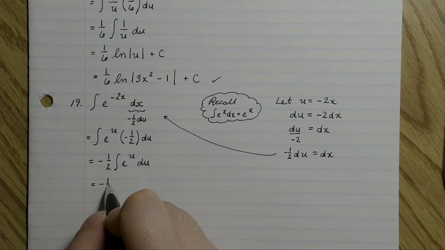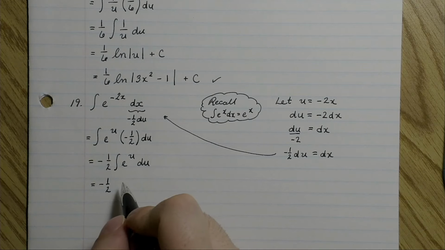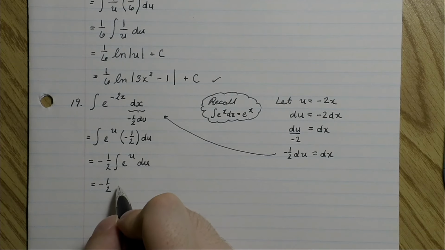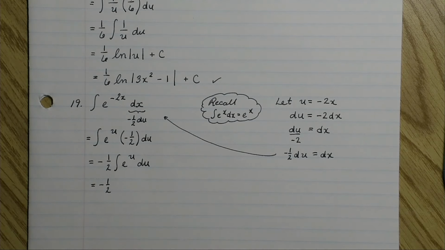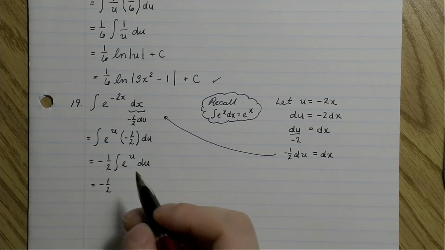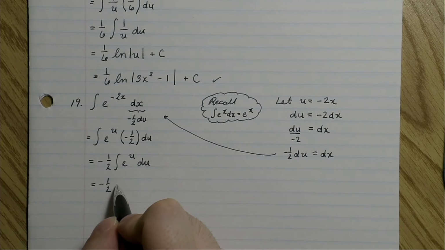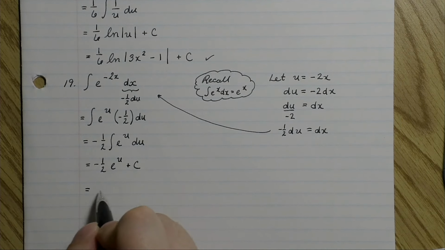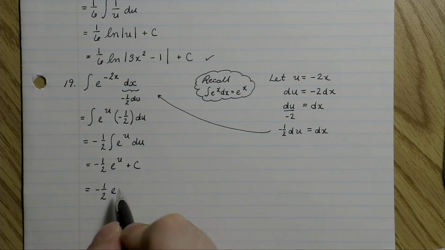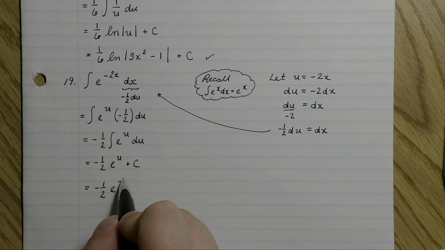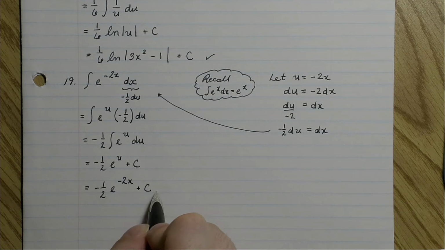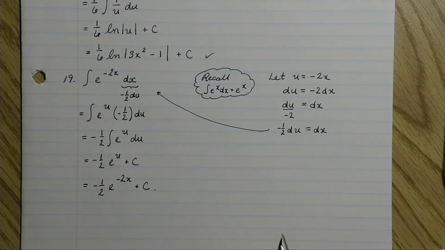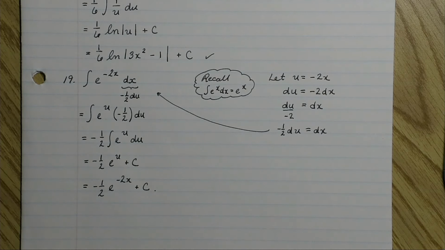So I get the minus 1/2, excuse me. And then substitute that back in. And there's my final answer for 19. And yes, it does match what they have at the back of the book.